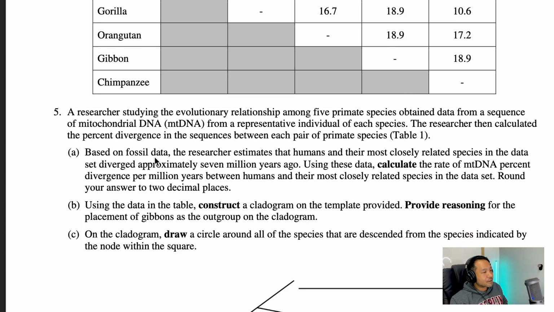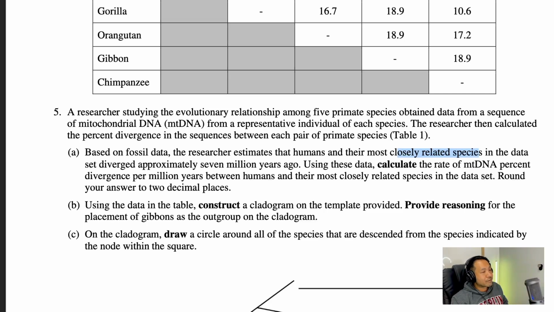So based on fossil data, the researcher estimates that humans and their most closely related species in the dataset diverged approximately 7 million years ago. Using these data, calculate the rate of mtDNA percent divergence per million years between humans and their most closely related species in the dataset. The most closely related species is, of course, chimpanzees, at 7 million years ago, and they want us to calculate percent divergence per million years.